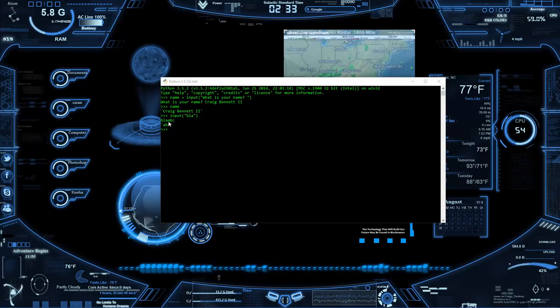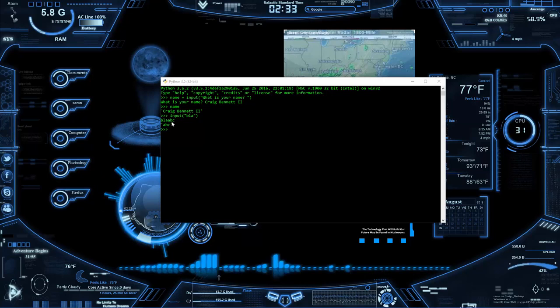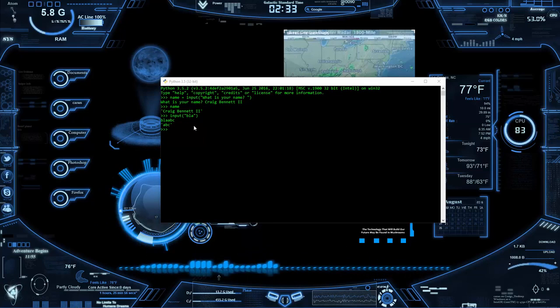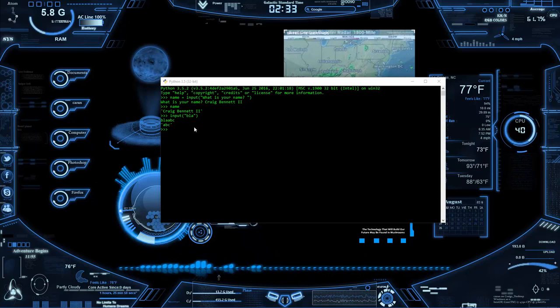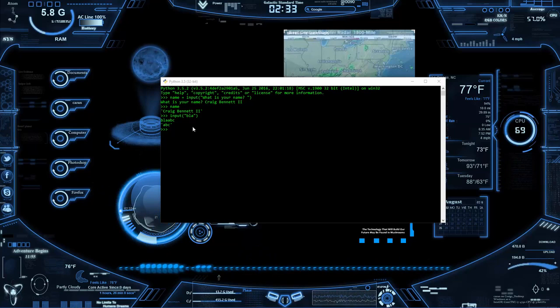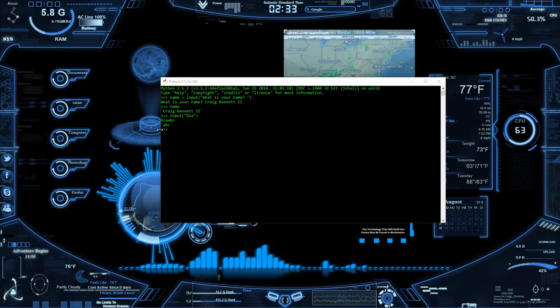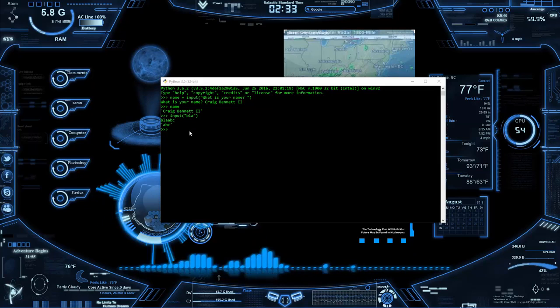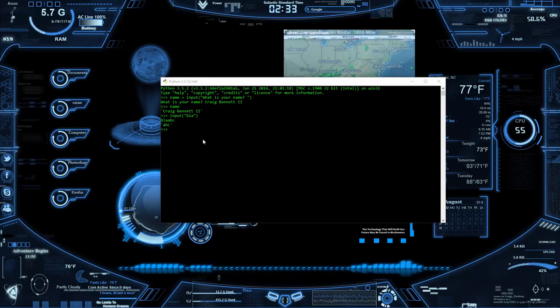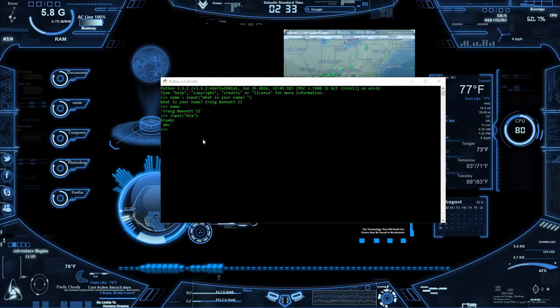Keep in mind I didn't put a space, so it didn't show a space, and if the person did put a space, then it will show right there, so you'll run into some problems. So it's very important to realize that. But then it just spits out what I gave it, because it's not storing it. So that's the importance of the variable in itself.